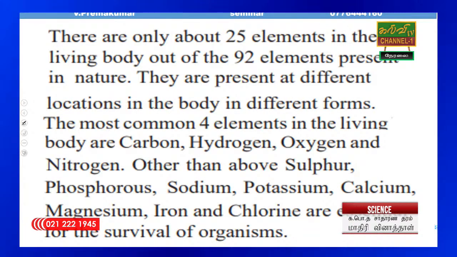Now see, there are only about 25 elements in the living body out of the 92 elements present in nature. Actually, our environment contains 92 elements, but only about 25 elements are found in the living body.